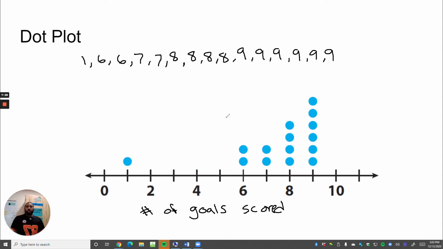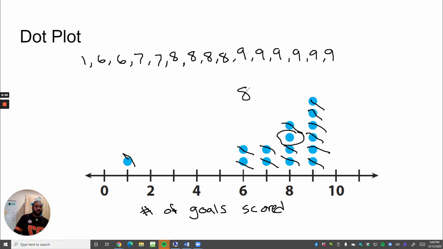A dot plot can be very easily used to find the median because it's already in order from least to greatest. I would cross out from each side, and I can easily start finding my median. In this case, it would be 8.